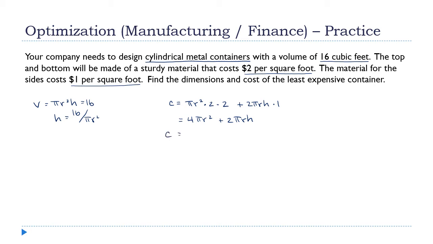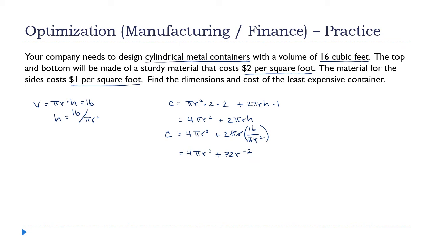Then the cost is 4 pi r squared plus 2 pi r times 16 over pi r squared. Now we can do a little cleanup here. The pi's cancel, and this r cancels with 1 down here. So this turns into 4 pi r squared plus 2 times the 16, that's 32 r to the negative second.